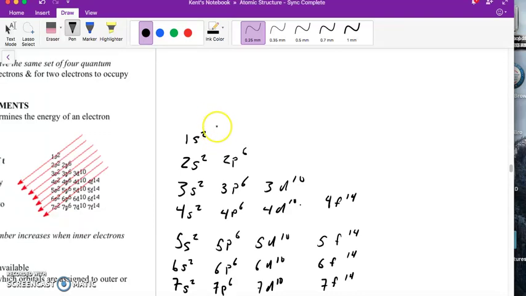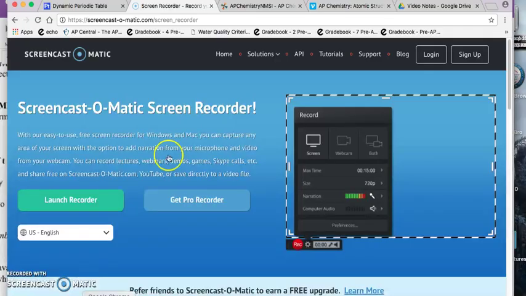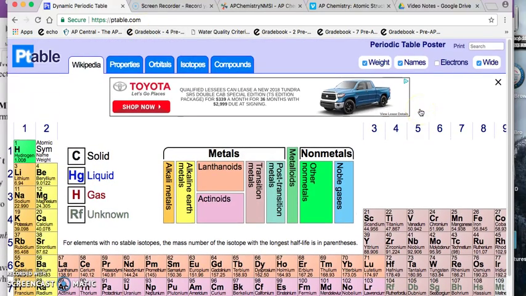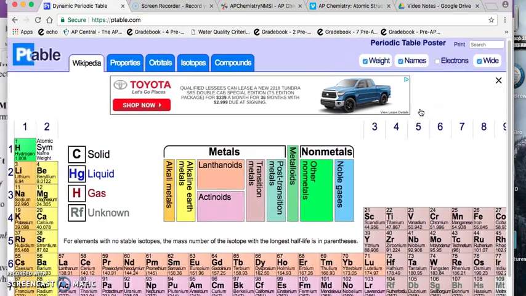All right. So the way that they fill is from lowest energy to highest energy. The first shell is the lowest energy, so it is filled first. The next subshell that's filled is the 2s. Before the 3s, though, if we look at the periodic table, here we're at 2s.